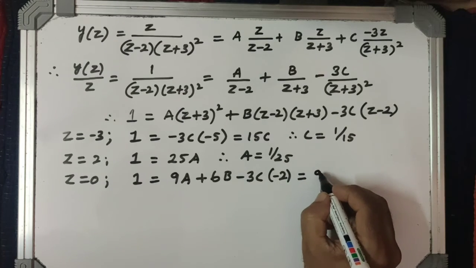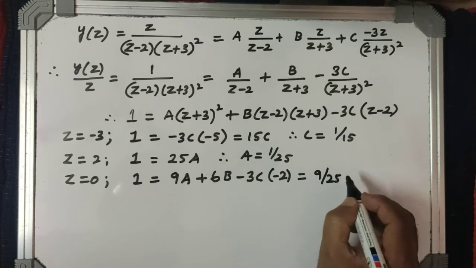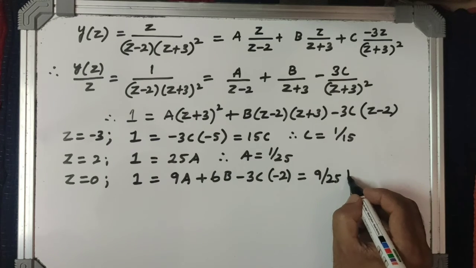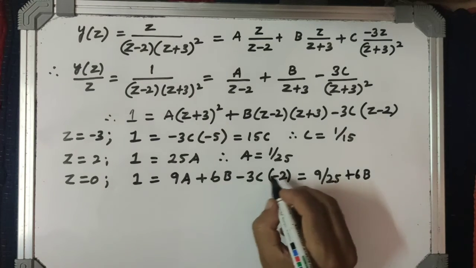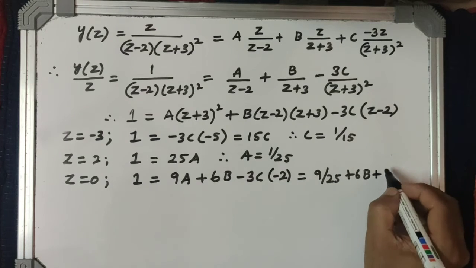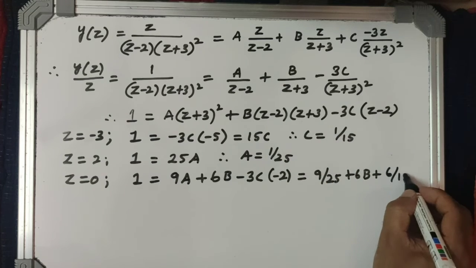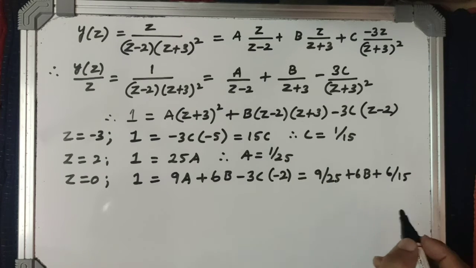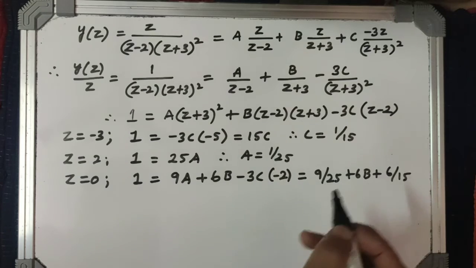So 9 into A is 9 by 25, plus 6B, minus into minus is plus, 3 twos are 6, 6C is 6 by 15. So therefore we have 6B.